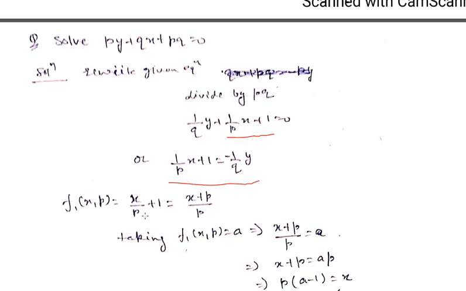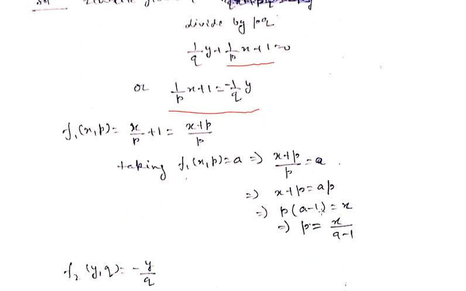So f1 is equal to x/p + 1, or we can rewrite it as (x + p)/p. From here we will get the value of p by equating it equal to a. When we equate it equal to a, we get (x + p)/p = a. It gives us p = x/(a - 1).